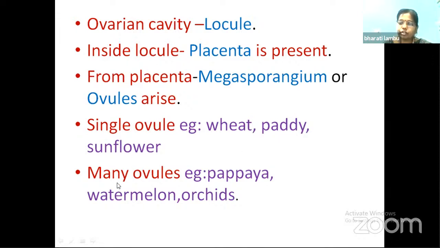Sometimes many ovules will be present, either in the one locule or multiple locules. So examples for many ovules are papaya, watermelon, orchids. If one ovule is present, generally one seed will be present. If many ovules are present, many seeds are present. So in papaya fruit, if you cut open, there will be many seeds, no?